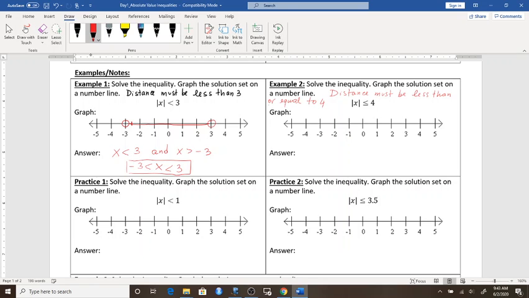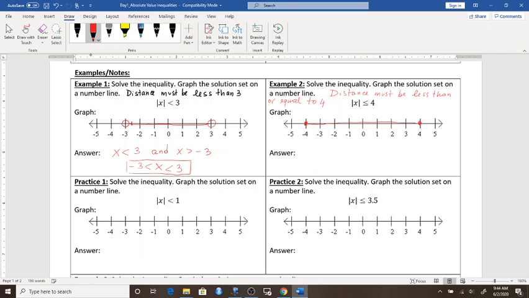Which means anything between -4 and 4 will work, but -4 and 4 will be included in this case in our solution, because if x is equal to -4 or x is equal to 4, then the absolute value will be 4, which is less than or equal to 4. Of course, it's not less than, but it's equal to. So the inequality will be satisfied. So anything between -4 and 4 will work, -4 and 4 included.